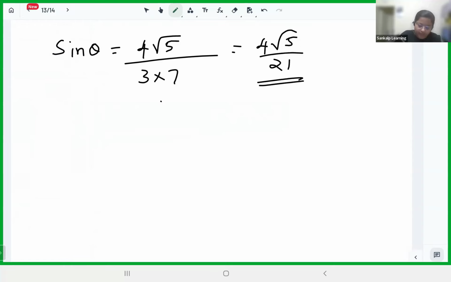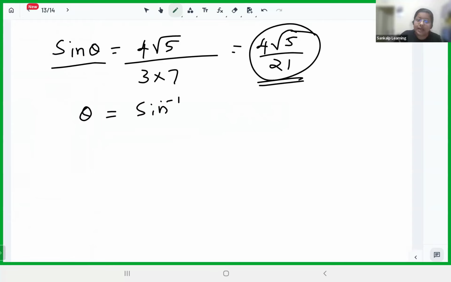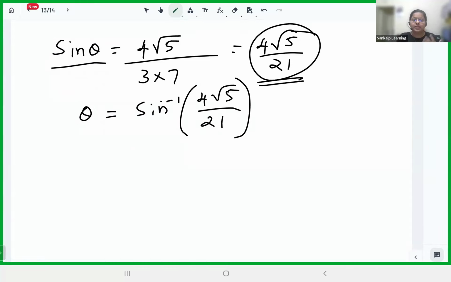So theta is equal to sine inverse of 4 root 5 by 21, since this is sine theta and we need the angle theta, right? So now we have obtained the angle between vector A and vector B.